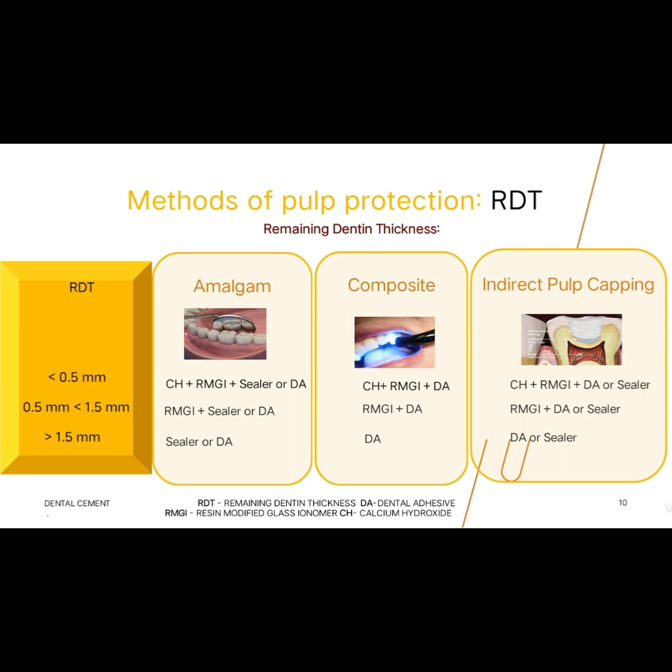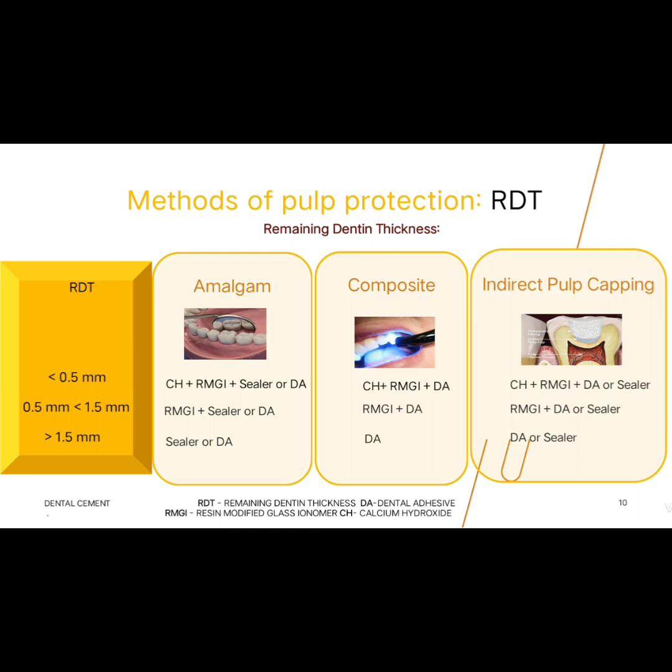Now coming to the main point that I wanted to discuss, which is very important for your NEET preparation, that is RDT, remaining dentine thickness. So dentine is nothing but, as you all know, a mineralized hard tissue that forms the major bulk of the tooth.